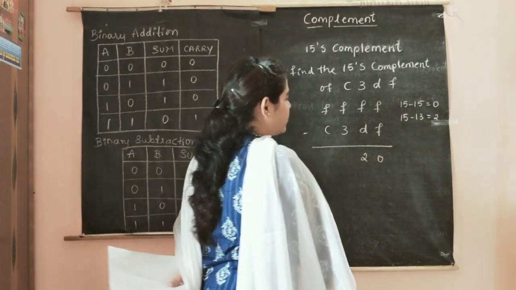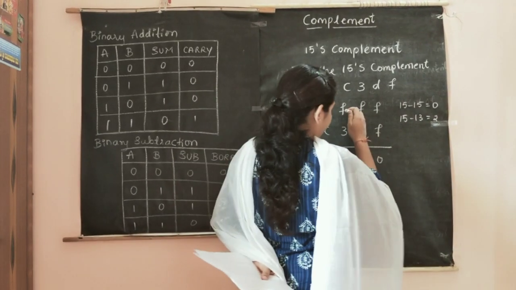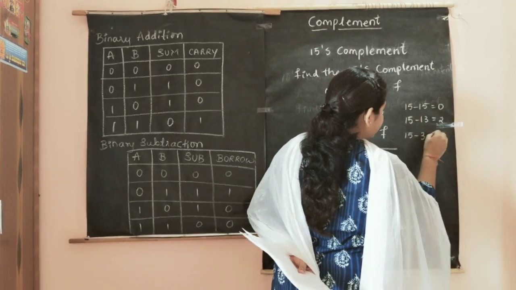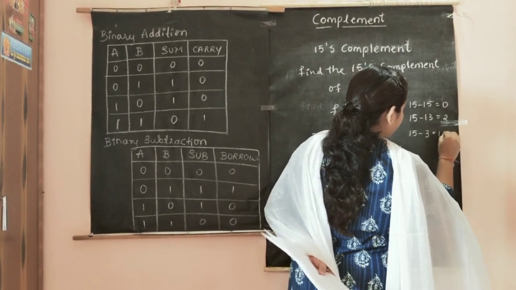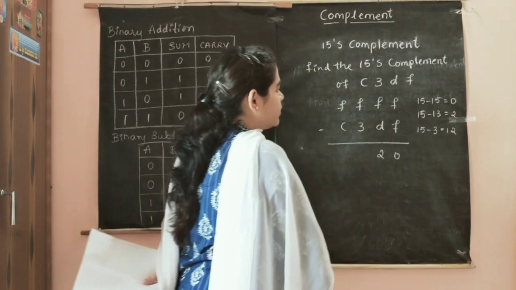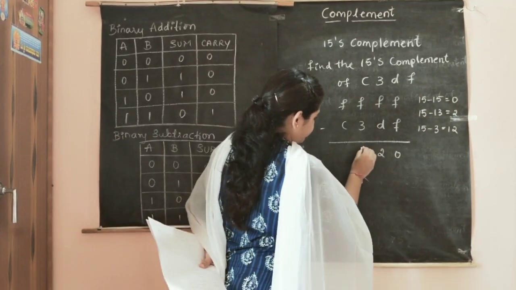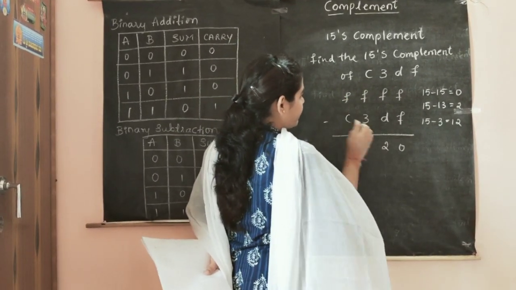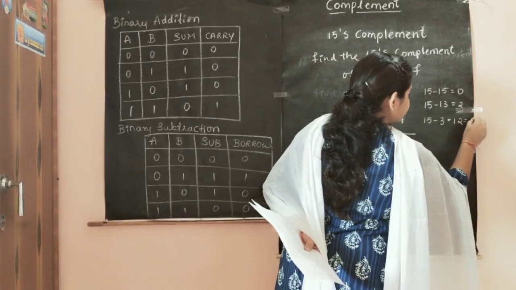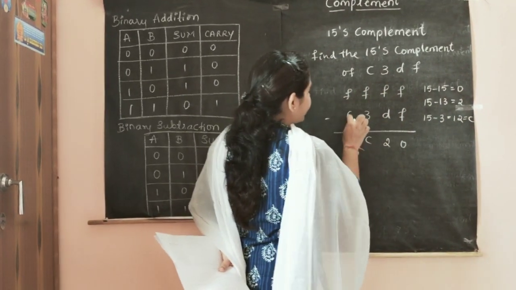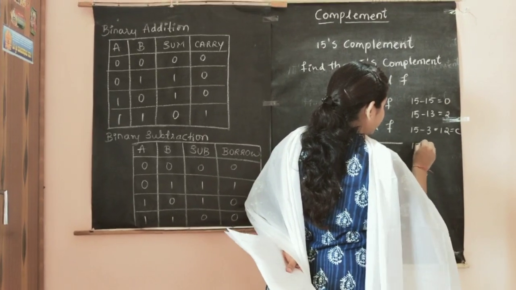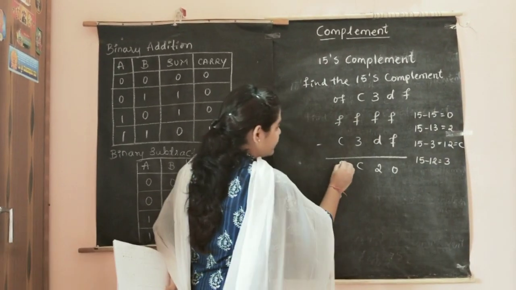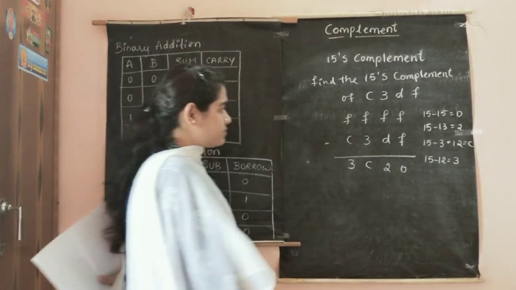And F minus 3, that is 15 minus 3, which is equal to 12 here. So 12 takes the place of C here. And similarly F minus C means 15 minus 12, it is 3. So here it is 3.